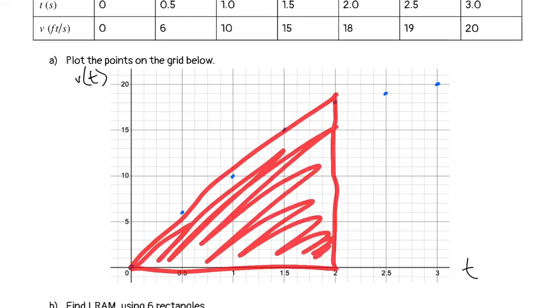What would that tell me? Yes, this only works for velocity. So we're still on the velocity graph and we're looking for the area underneath the curve from 0 to 2. Exactly. That's going to tell us how far she ran in 2 seconds.